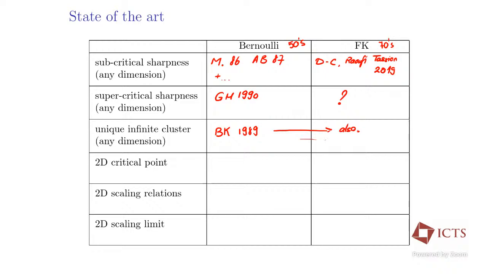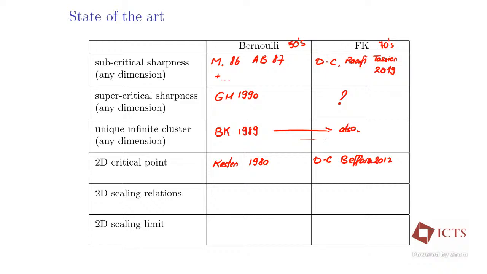And then if we look at 2D, the critical point in 2D was found by Kesten in 1980 for Bernoulli percolation and was obtained only in 2012 by Duminil-Copin and Beffara for FK percolation. So this was the first proof.